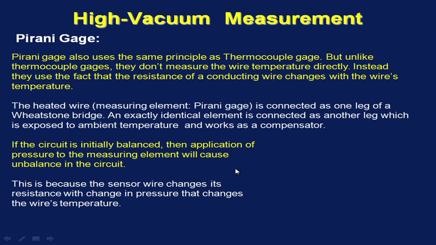So, when you apply the gas to the measuring element, the temperature that the resistance wire will assume will depend on the gas pressure.